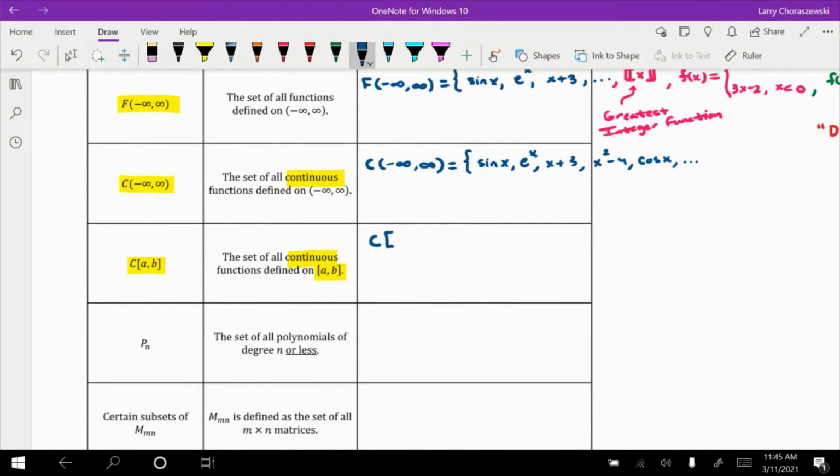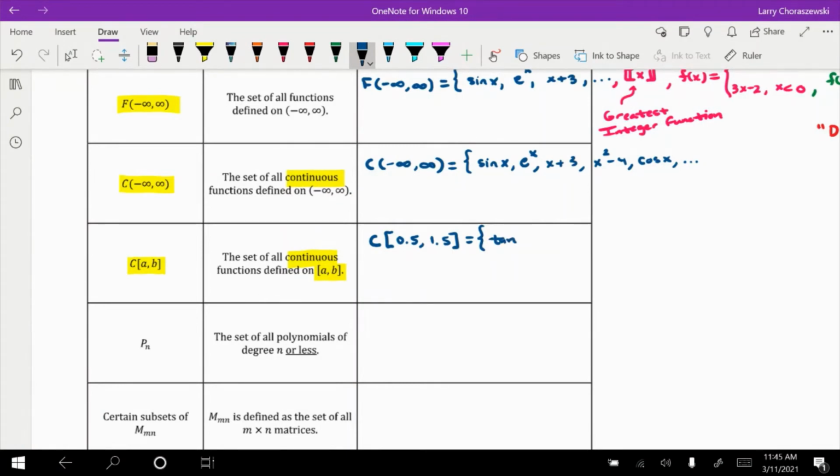I want to look at the set of all continuous functions that are defined on the interval 0.5, comma 1.5. Okay, so specific values of a and b. Tangent would actually belong in the set. Now, tangent's not continuous on all real numbers, so it doesn't belong in the set above this one, but it is continuous on certain intervals of the x-axis.